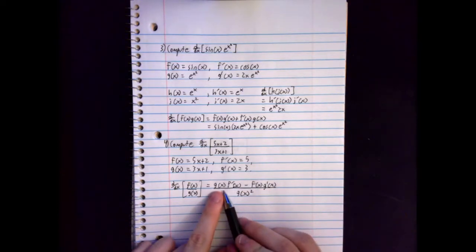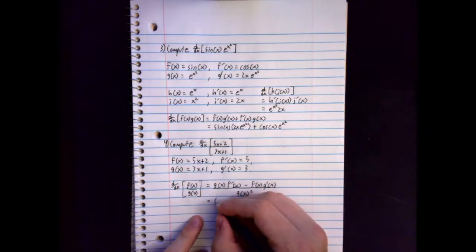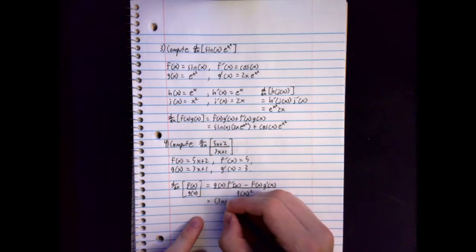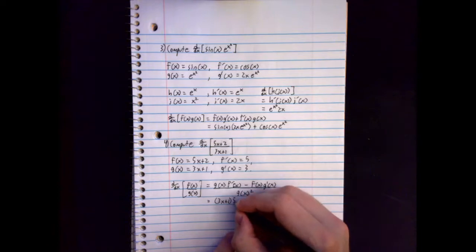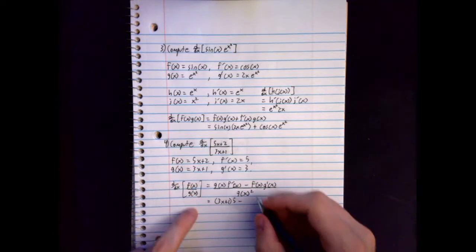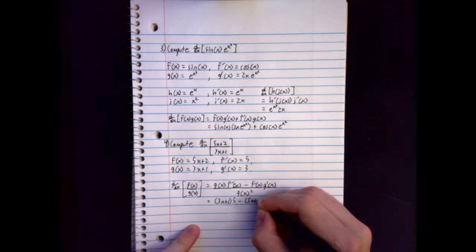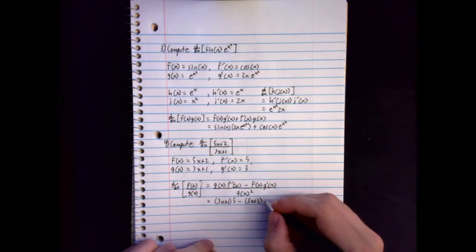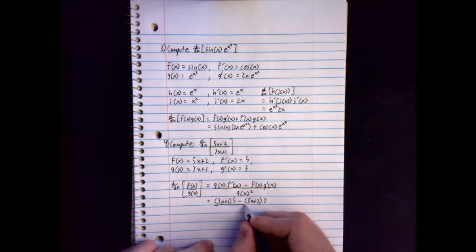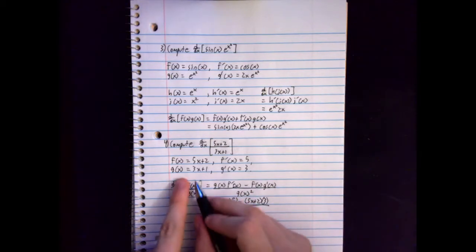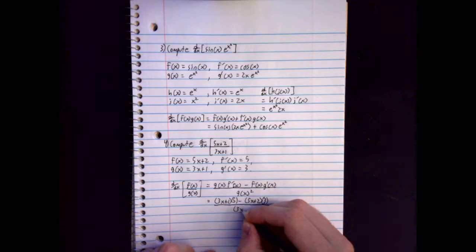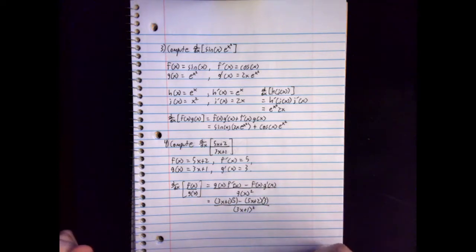And now we just put all this information in. So g of x, and we'll be judicious with our parentheses, or generous, I don't know which word to use there. F prime of x is 5. F of x is 5x plus 2. G prime of x is 3. And then g of x squared is just 3x plus 1 squared.